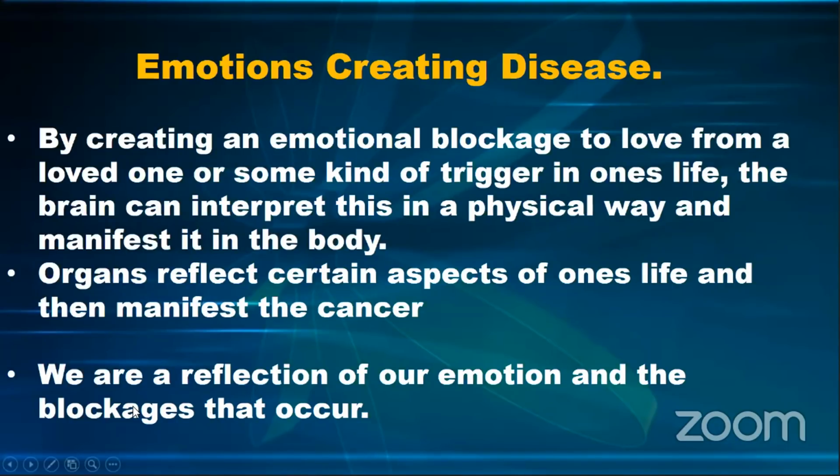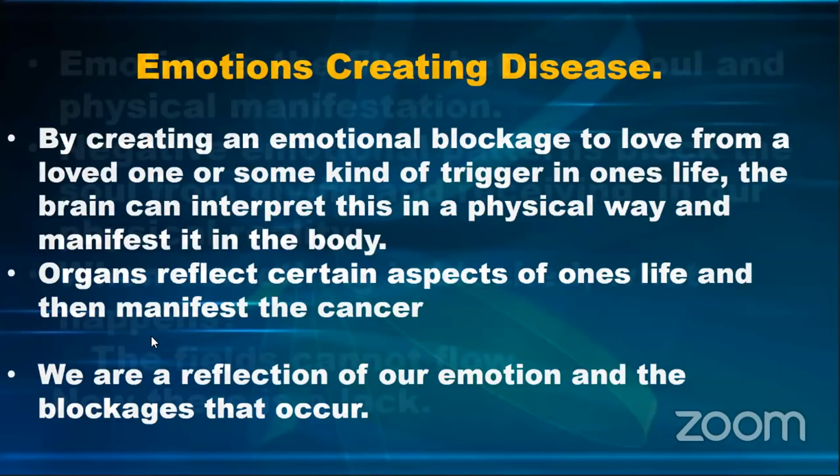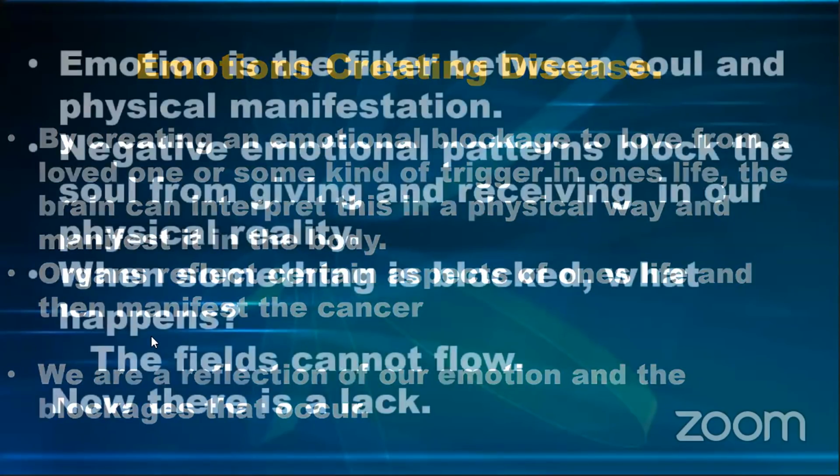Our brain can interpret this in a physical way and manifest it in the body. Organs can reflect certain aspects of one's life and then manifest the cancer or whatever other chronic illness you may have. So we're a reflection of our emotion and the blockages that occur in our emotion. And so we need to start having a look at why these things are happening to us and how we need to try and deal with them.